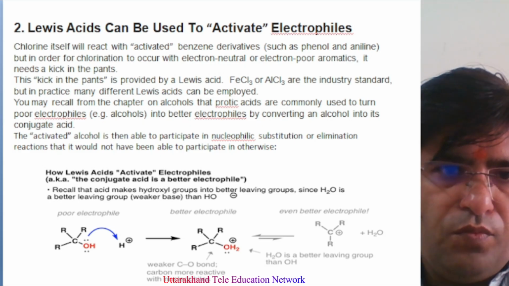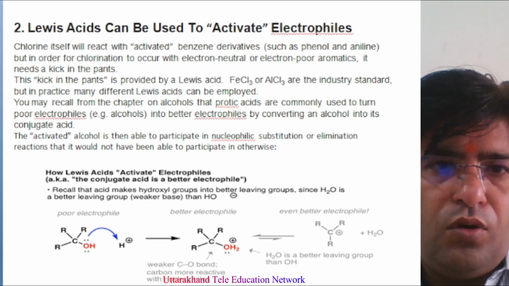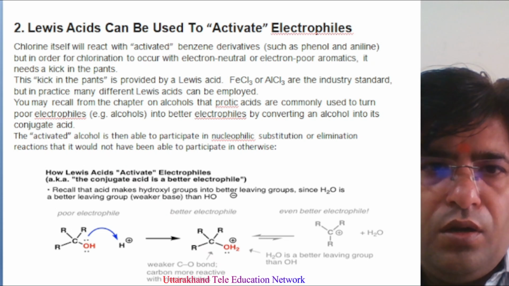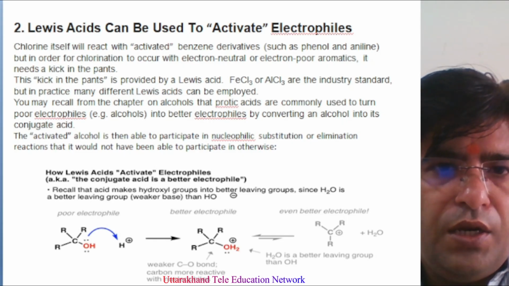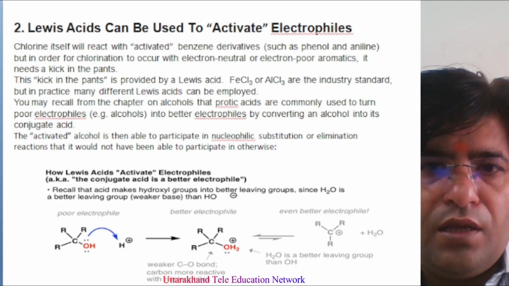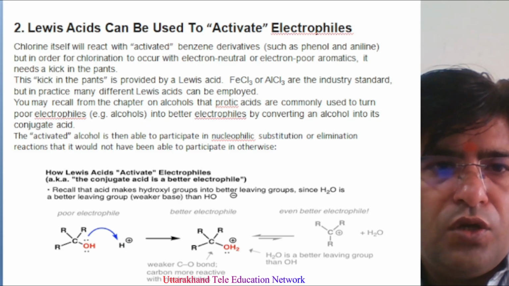You may recall from the chapter on alcohols that protic acids are commonly used to turn a poor electrophile into a better electrophile by converting an alcohol into its conjugate acid.